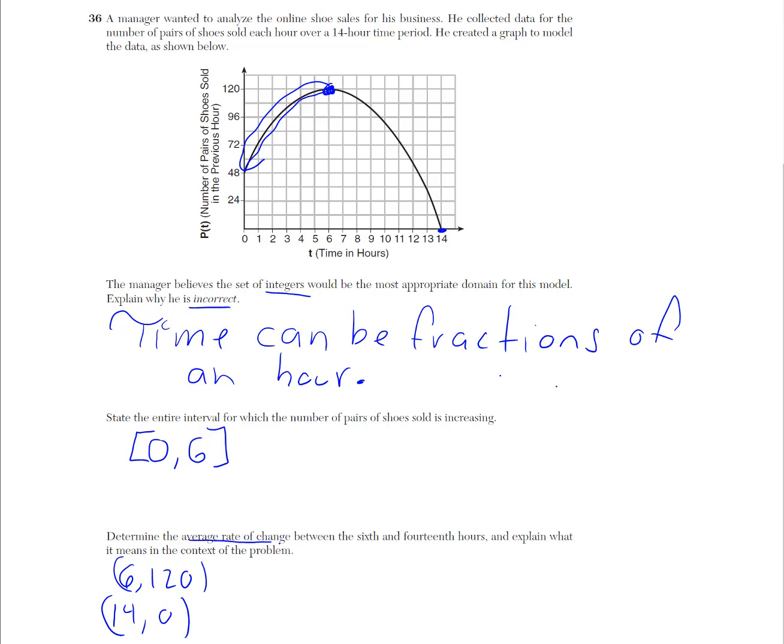So they want the average rate of change, which is going to be the change in y over the change in x. In this problem, it's going to be the change in the output, so p of t, over the change in time.